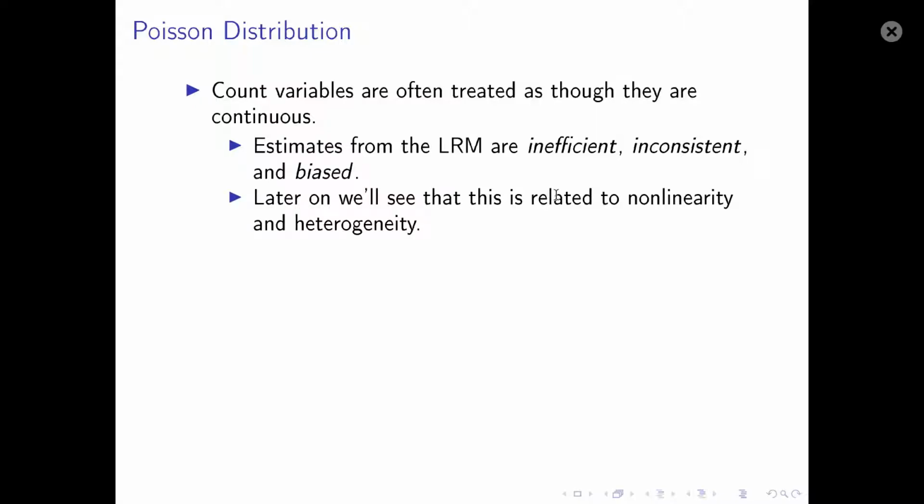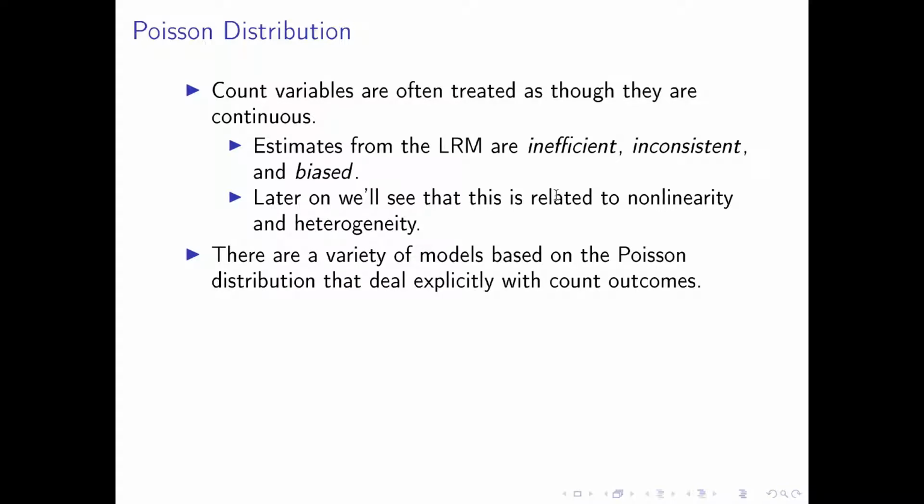Later on, we will see this is related to the nonlinearity and heterogeneity innate to count regression models and count response variables. There are a variety of models based on the Poisson distribution that deal explicitly with count outcomes.